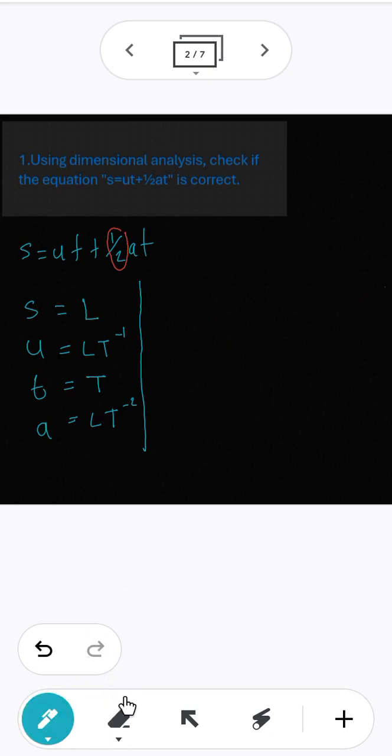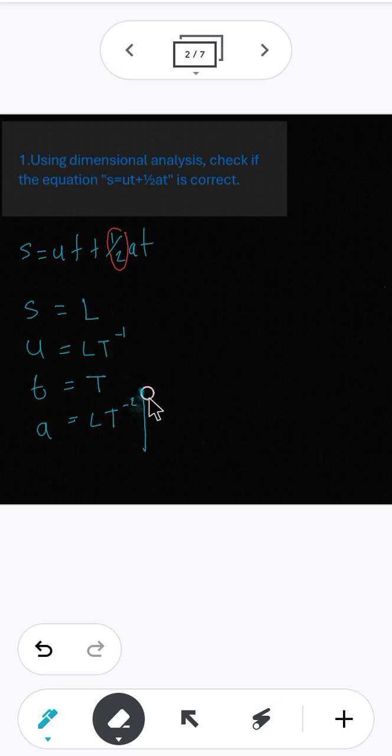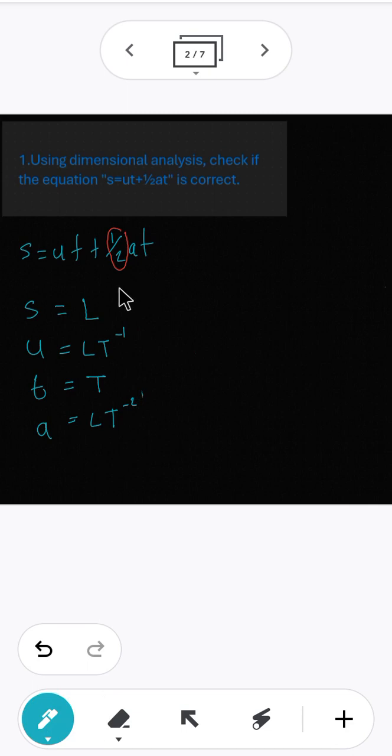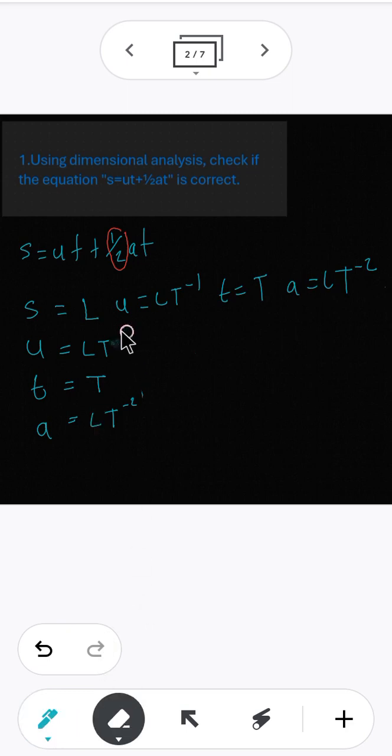Okay, let's quickly write this on a straight line to avoid any form of confusion. So for S, we have U equal to LT minus 1, we have T equal to T, and we have A equal to LT minus 2. So with this, we can erase from here, it's better.